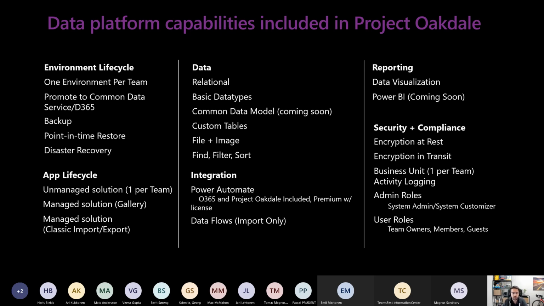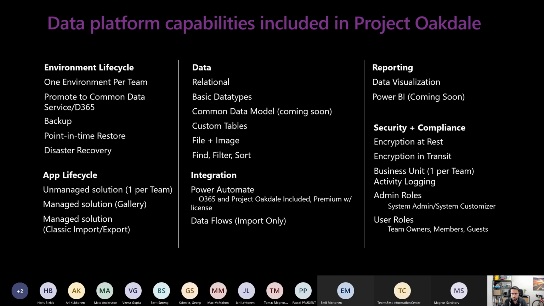Regarding the data, we have some basic data types that we can use inside this model. Of course, we have an integration with Power Automate, and we can create a flow inside Project Oaktail by using it inside Power Apps as an extension point.